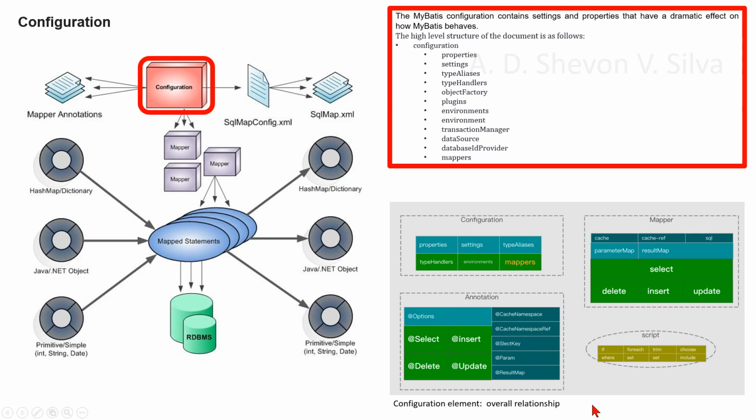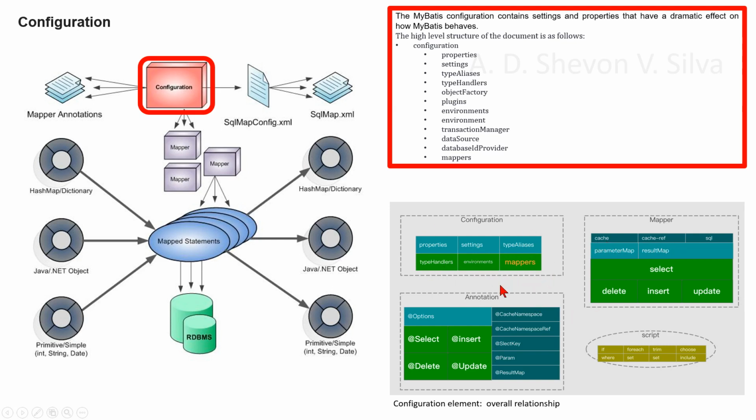The overall relationship is shown in this figure. Here properties, type handlers, settings and environments, type aliases and mappers. Properties, settings, type aliases, type handlers, environment, and mappers are in configuration.